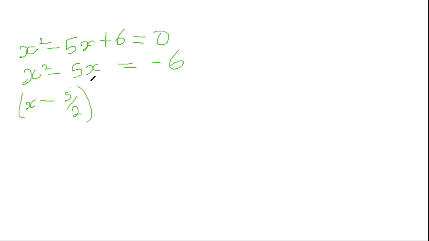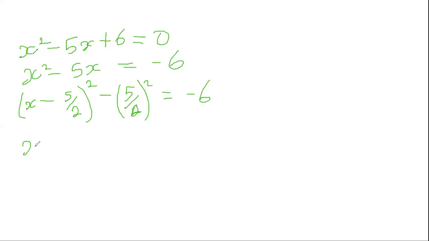And then we square this and subtract 5 over 2 squared, and we put this to negative 6. At the end, I want you to tell me which method is simpler so that we adopt that one, okay?